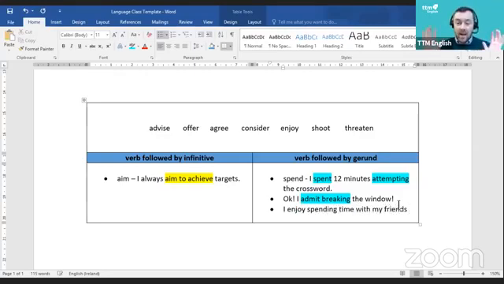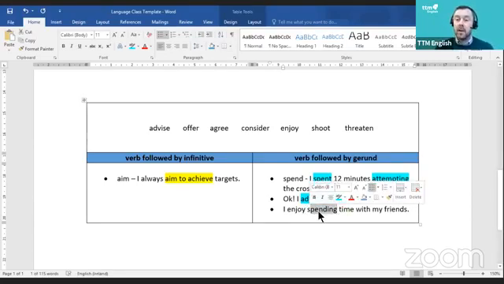Now, it's completely understandable that people say, I enjoy to spend time. It's understandable because why would you know, when you first start speaking English, that some verbs are followed with ing and some are followed with to do? But spending is definitely one of those that you put after enjoy.